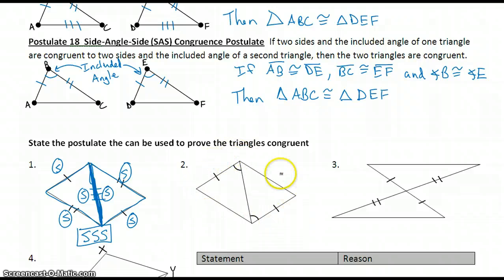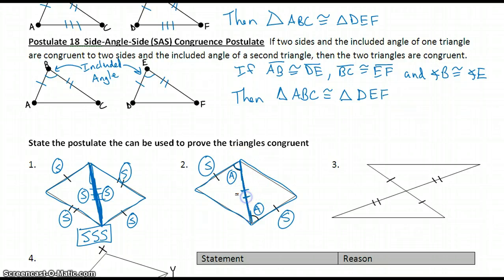Our second example is the same picture with different givens. We still have our 2 triangles. And we have 1 pair of congruent sides and 1 pair of congruent angles, and then a shared side.